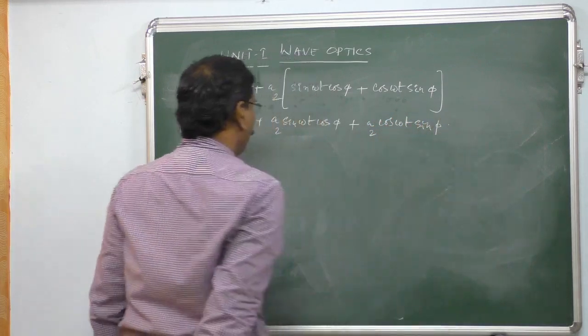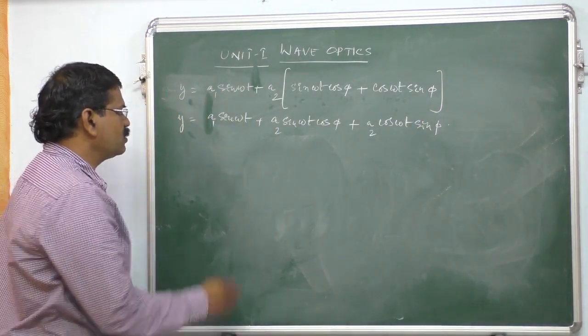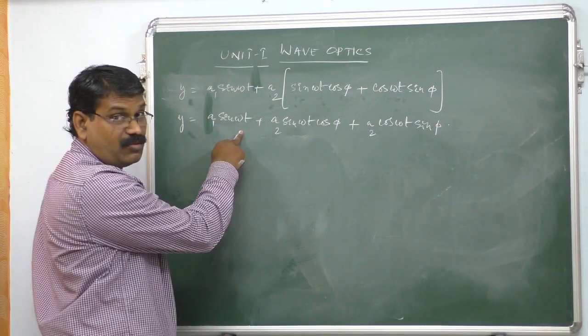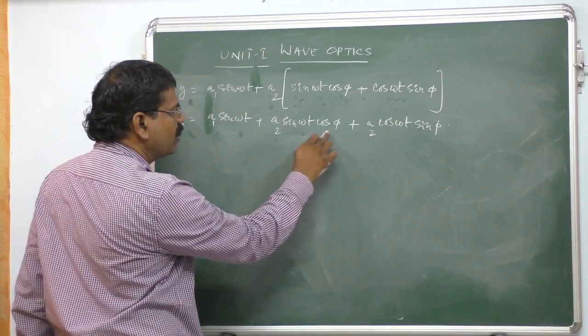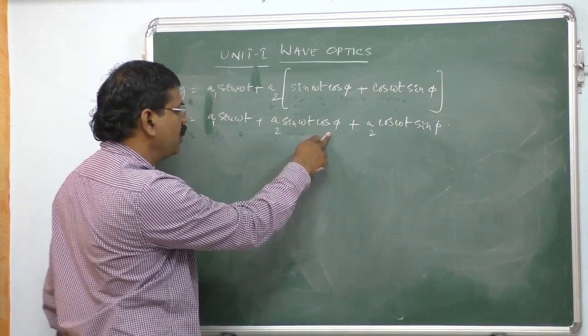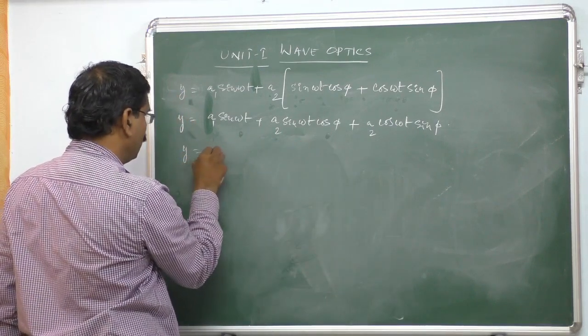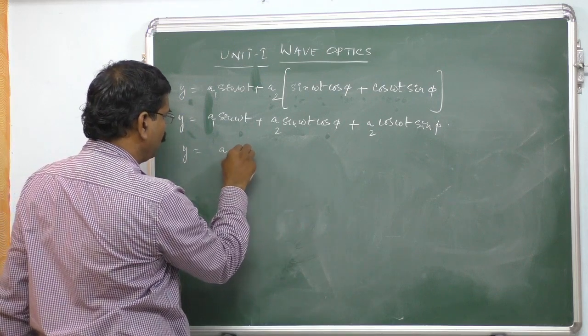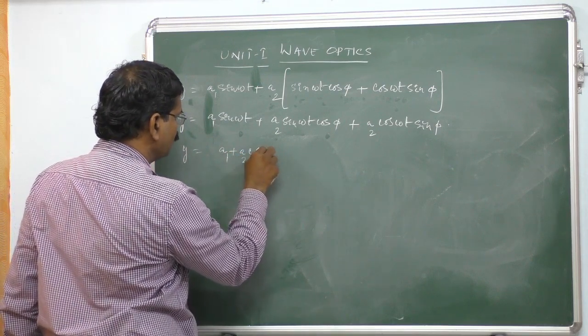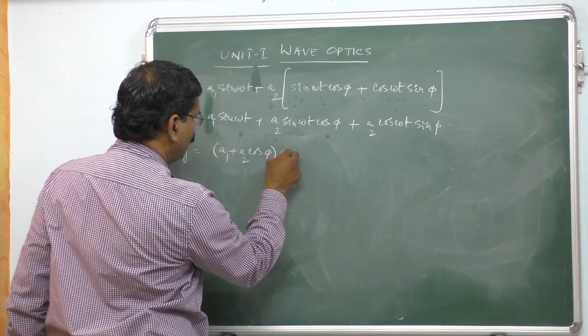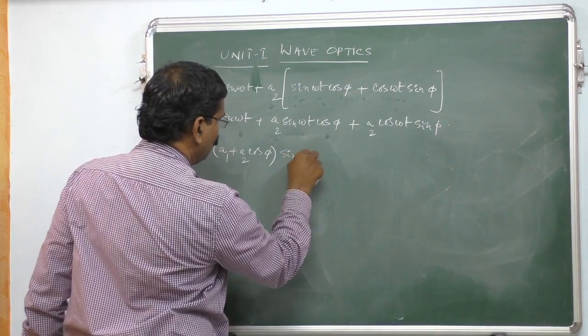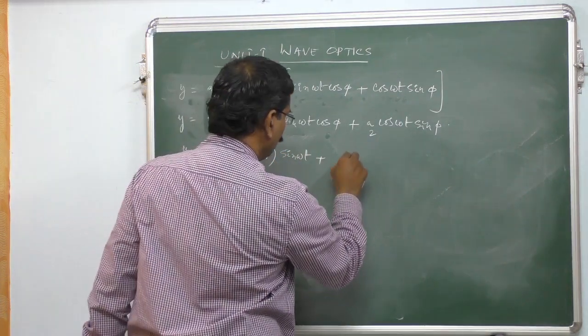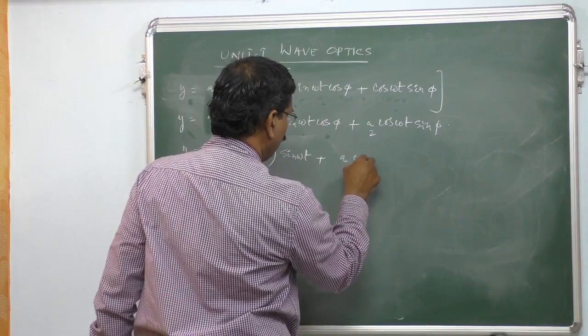Now ఇప్పుడు కామన్ టర్మ్స్ తీసుకుంటాం స్టూడెంట్స్. a1 sin omega t లో sin omega t ఉంది, a2 sin omega t cos phi లో కూడా sin omega t. కామన్ తీసాను. y is equal to a1 plus a2 cos phi into sin omega t plus a2 sin phi cos omega t.